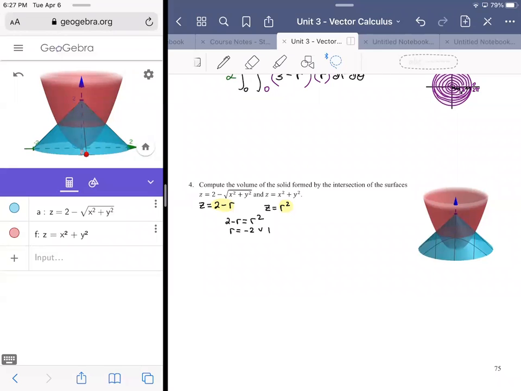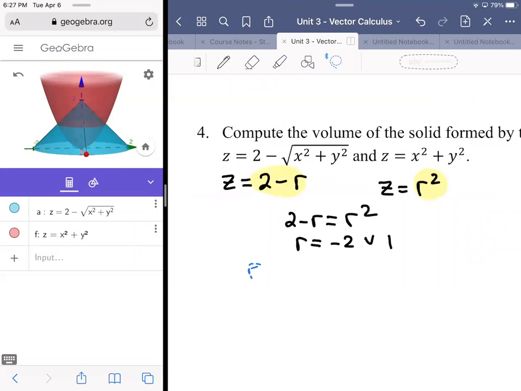And then once we get out of that predicament, how do I manufacture the bounds from this? Well, if I look at r equals negative 2 separately from r equals 1, they're circle equations.